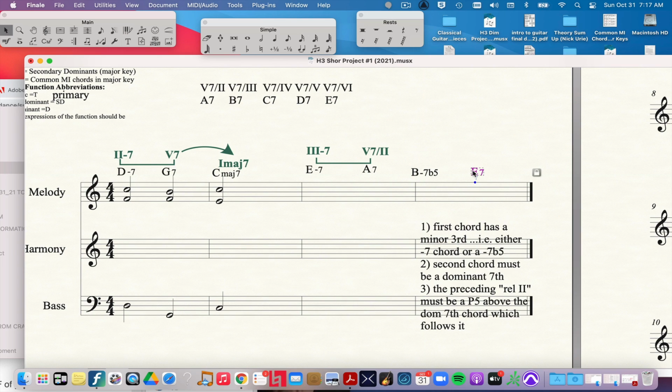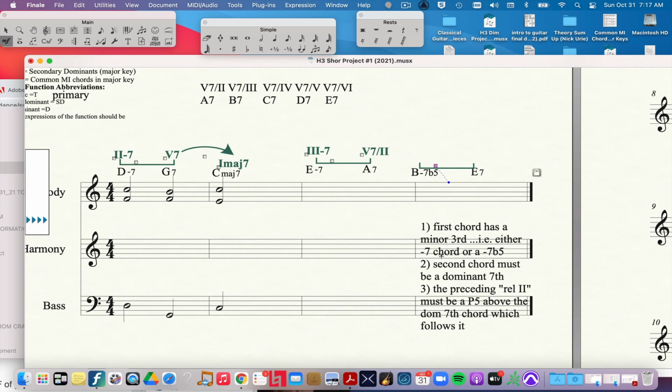Again, it's not a modulation because we would have to spend more time in A minor to really establish A minor. What we're doing is temporarily leading very strongly to the A minor chord, which is the 6th chord. So we're not modulating, but we want to analyze what's happening. We want to show that there is this subdominant to dominant relationship. So we add the 2-5 bracket.